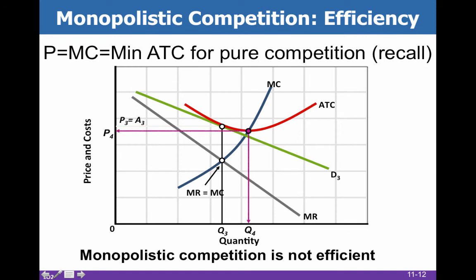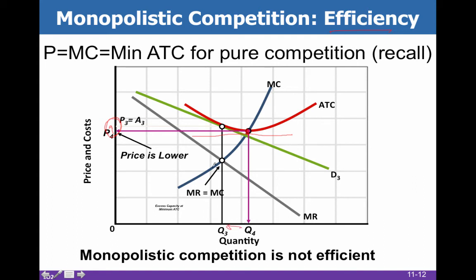You'll recall that efficiency is when a firm behaves like a purely competitive firm. A purely competitive firm would have a horizontal demand curve and the same marginal revenue curve, and we'd be right here. A monopolistically competitive firm is going to charge a higher price, so it's not going to charge P4, it's going to charge P3, and a lower quantity.